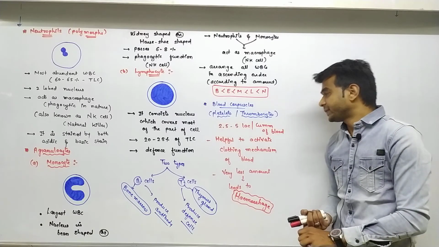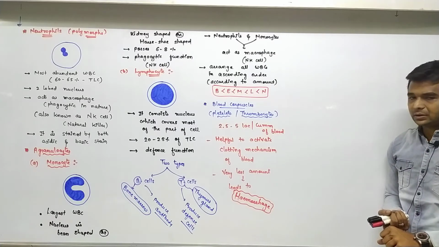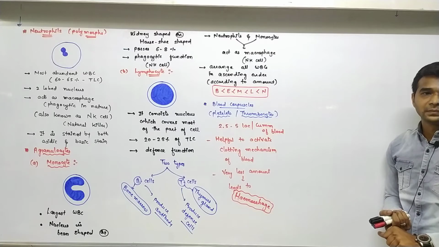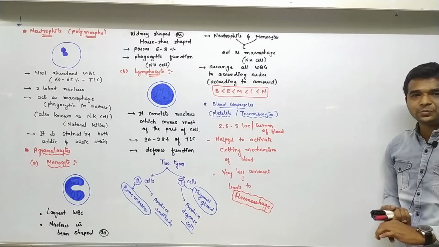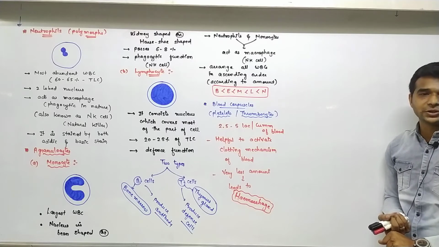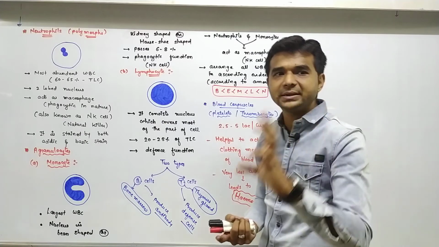Okay, and if the platelets are in very small quantity, very less in number, then excessive blood loss occurs. Excessive blood loss is known as hemorrhage, and along with that one hemophilia disease is also there.